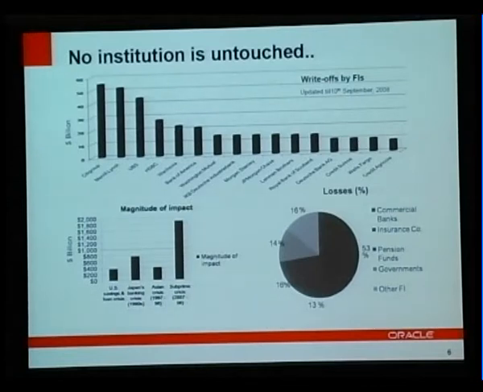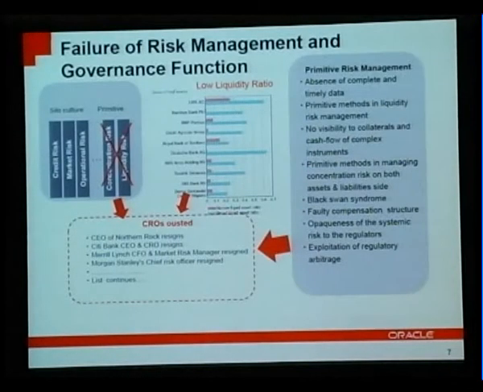There's a magnitude of impact. There's a lot of losses. So you're going to ask me, what has this got to do with security and HITB? Well, it's a failure of risk management and a governance function to some extent. It's a failure of companies to realize that risk is an important function that needs to be dealt with from a security standpoint as well.